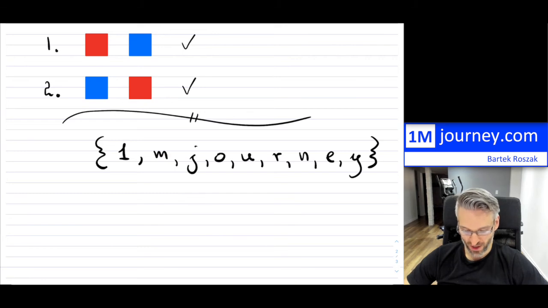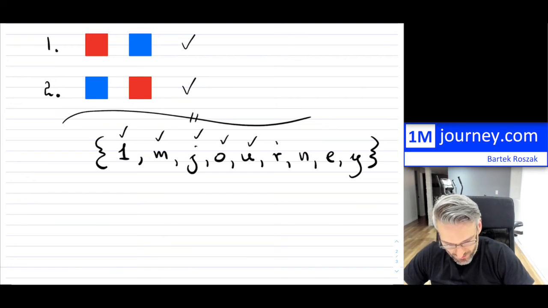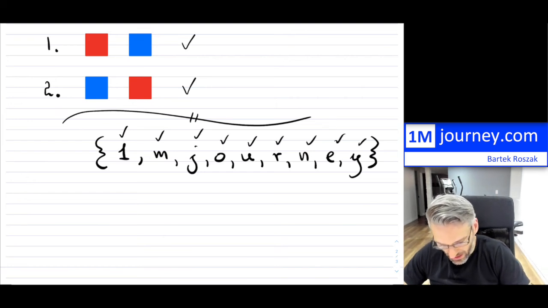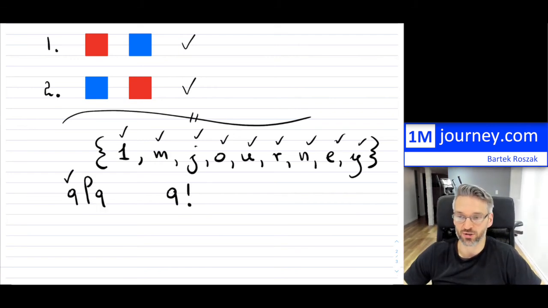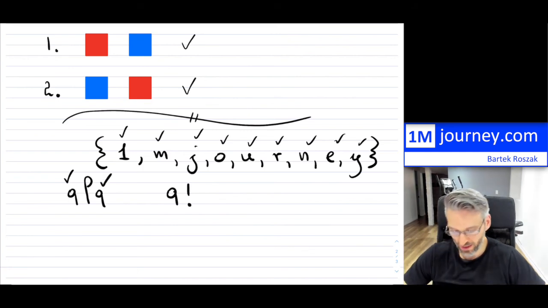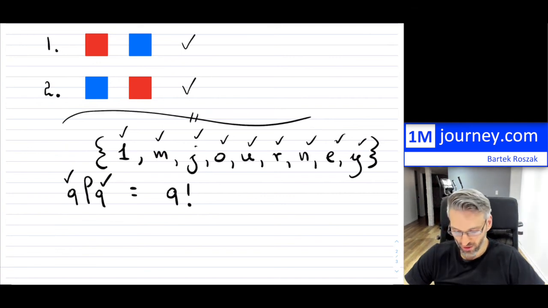And if I pick these characters, they are all distinct. And if I wanted to know in how many different ways could I order these, right? Then we would say, okay, I have 1, 2, 3, 4, 5, 6, 7, 8, 9. And if I'm going to be picking all of them, that would have been just 9 factorial. Or we would say 9P9, meaning I have 9 in total distinct objects, and I'm going to pick all of them, and I want to see how many different ways can I order them. So that's what this would equal.